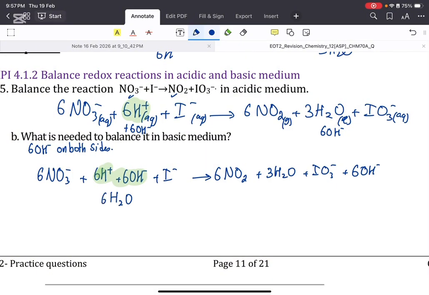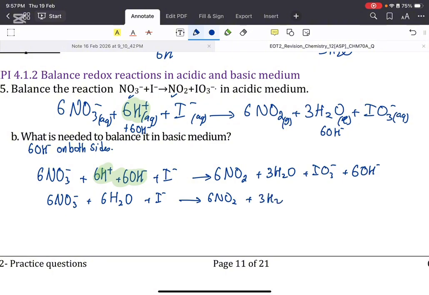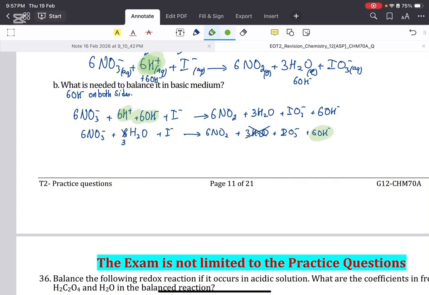So from those here, I'm just going to get 6 H2O, and IO3 minus and 6 OH minus. So now I can cancel the H2O here, and this 3 remains. So now this equation is balanced in basic medium. In here it was balanced in acidic medium because I see H plus in it.